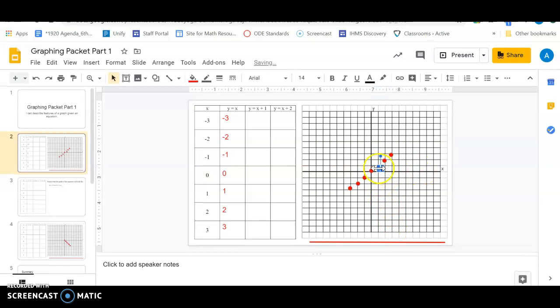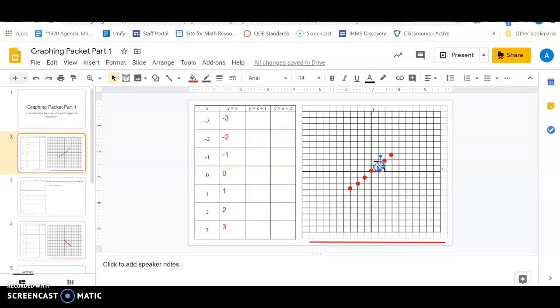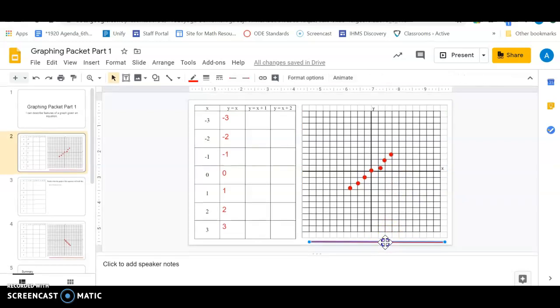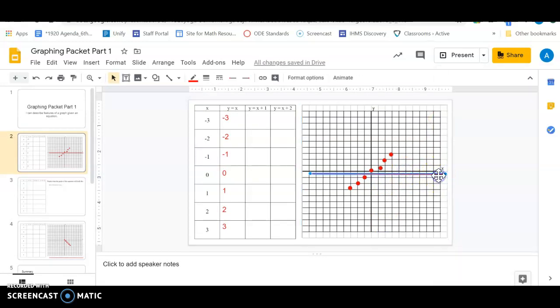Now it's going to be a little trickier to get the points exactly where they need to go, but that is why I have for you this line at the bottom. You can take this line up and adjust it to form the graph that we made, a line that passes through all of our points.